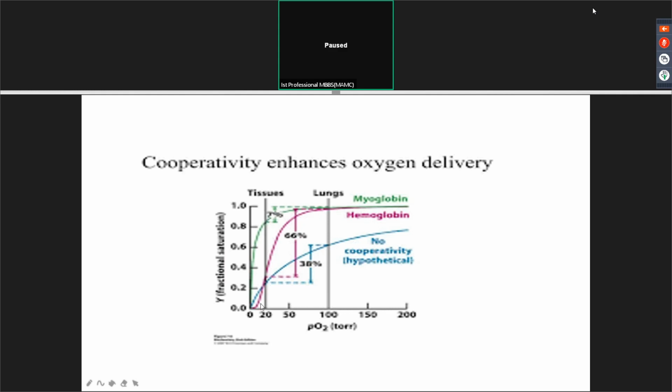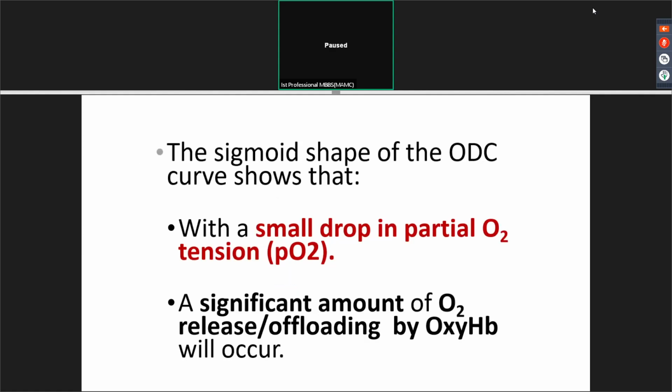That is why it helps in storage. When in exercising muscles the partial pressure of oxygen reduces up to 20 mm of Hg, it can help in release of the oxygen. But in other tissues, hemoglobin acts as a transporter, and it can release up to 66% of the oxygen.